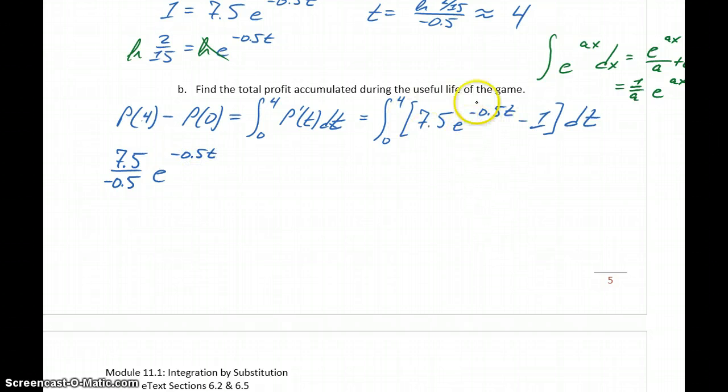We could have gone through the process of substitution, integrated that, and we would get to this exact same result. Minus the integral of 1 will be t. And then we want to evaluate this from t equals 0 to t equals 4.